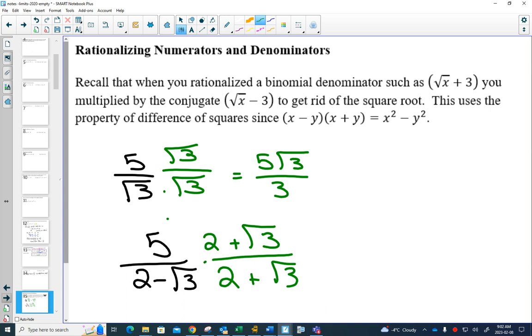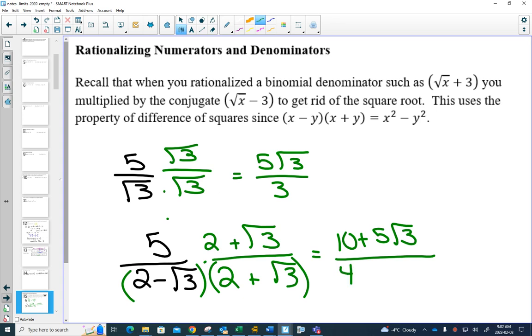And you would distribute things out, and on the top, for now, I'm going to multiply to get 10 plus 5 root 3, because I would distribute. And on the bottom, if you multiplied it out, you would have to distribute, use all your arrows, because it's 2 things times 2 things. So the 2 times 2, that will be 4.